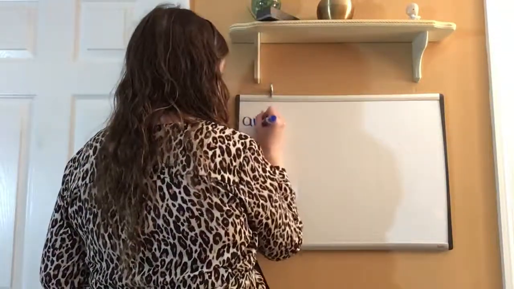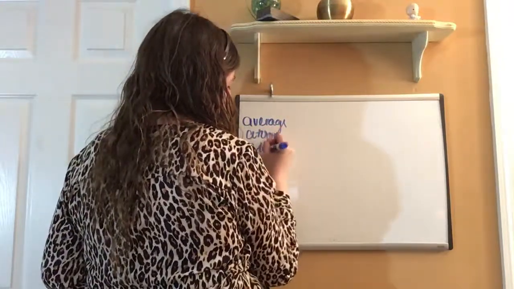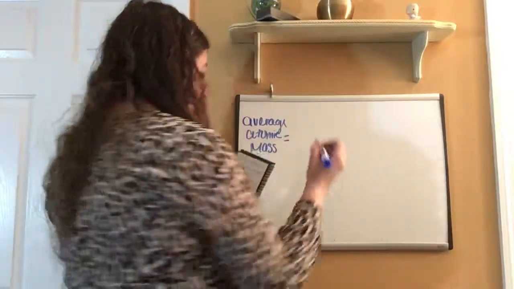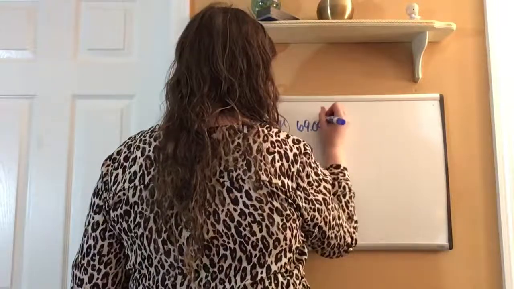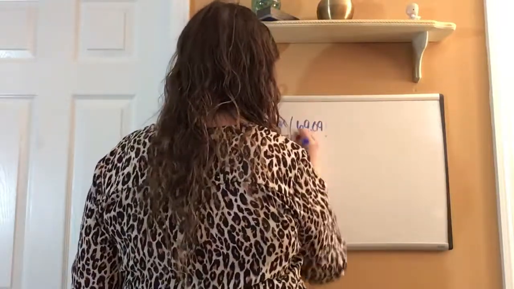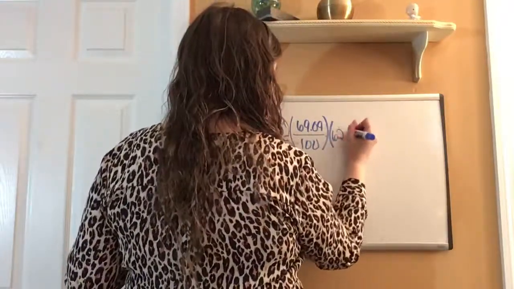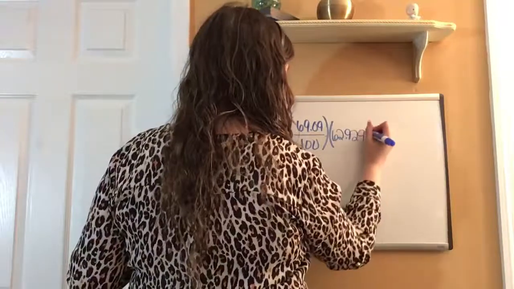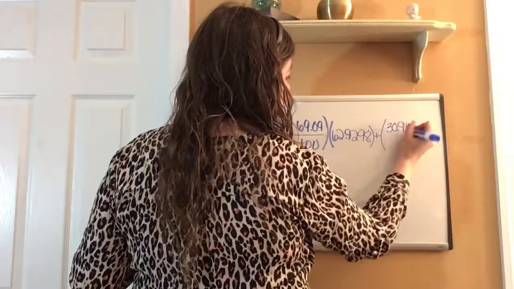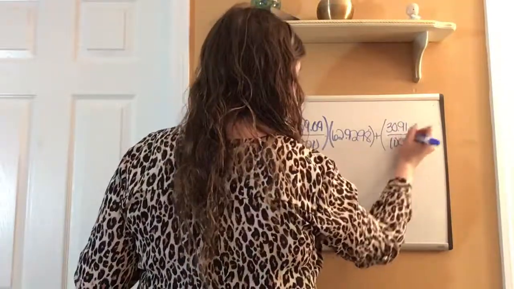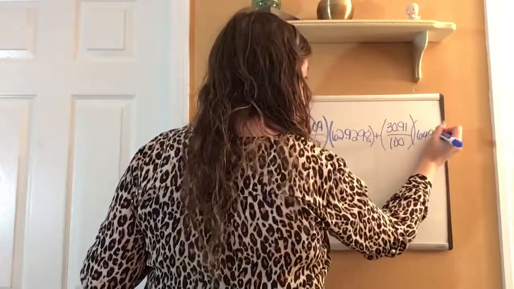So average atomic mass, and that's going to equal 69.09 all over 100 times 62.9298 plus 30.91 all over 100 times 64.9278.